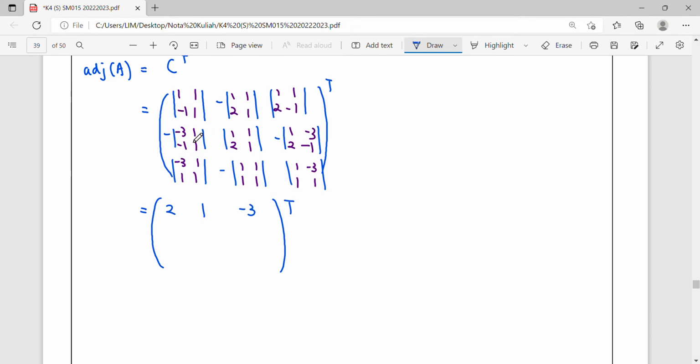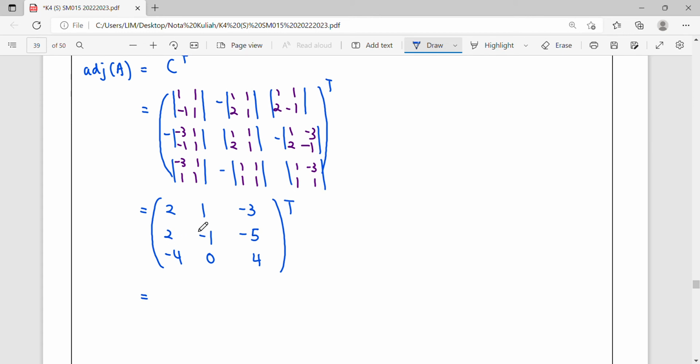Negative 3 minus negative 1, negative, negative becomes positive 2. So 1 minus 2, negative 1. And then negative 1 minus negative 6, so it becomes 5. Out here negative. So negative 3 minus 1, negative 4. So here is 0. Here 1 minus negative 3 will be 4.